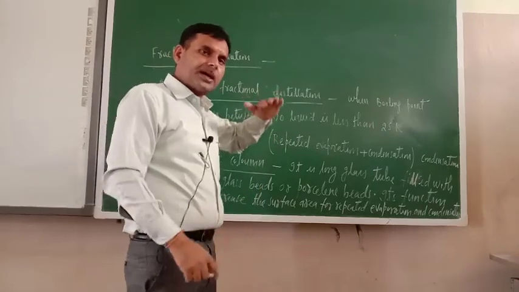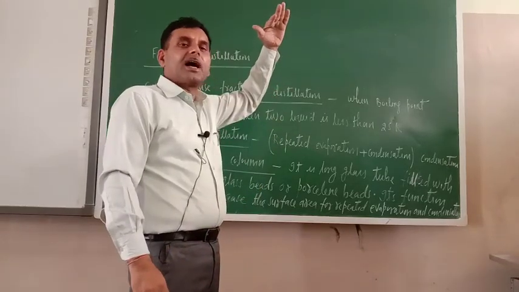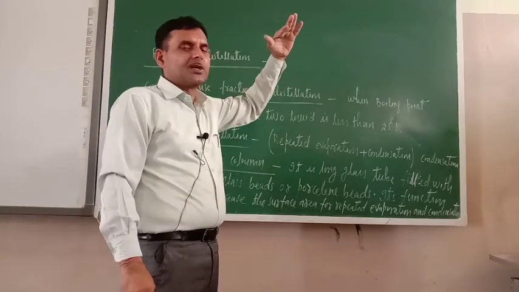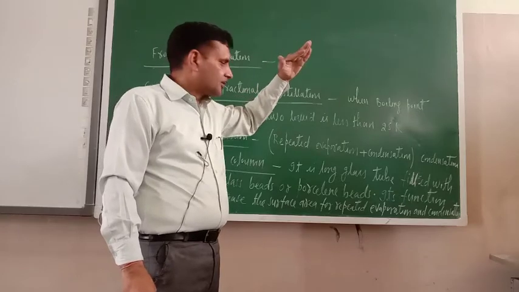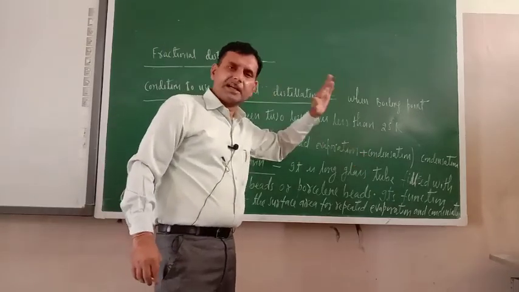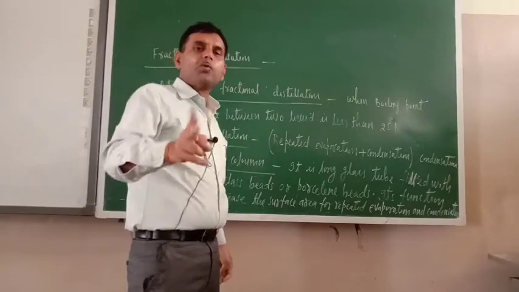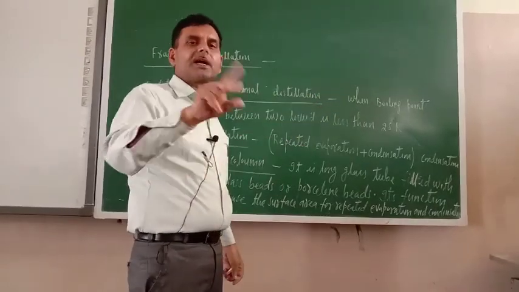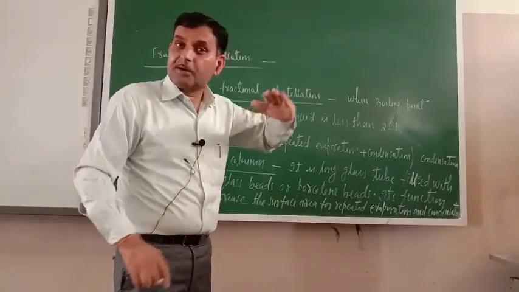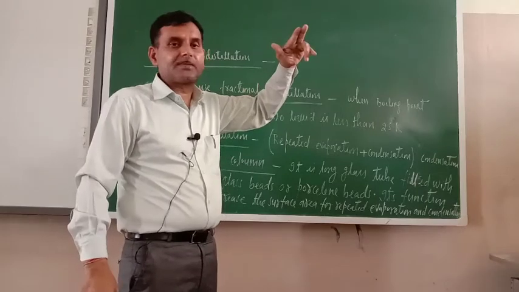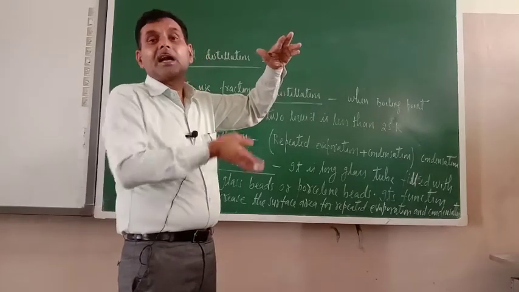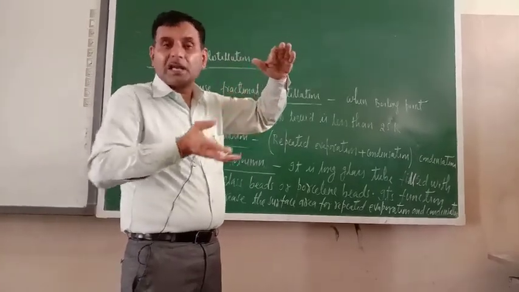Okay, so they evaporated, they reach the top of the fractionating column, their temperature will be less, so they will condense. They will condense or not? So now who will condense first? Which has evaporated first, that will condense first. Later on the other liquid component will also condense.